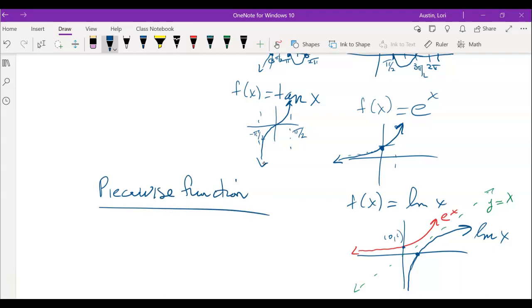Piecewise functions are a different function defined on different intervals.